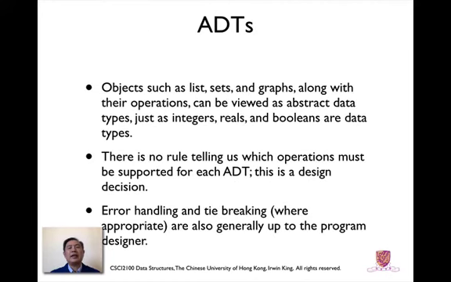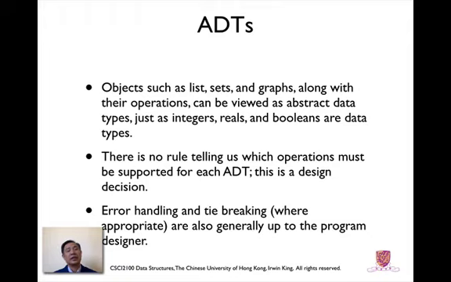So now we can see that based on the very simple building blocks from the data types, we may be able to describe a higher level of abstract data types. Objects such as list, set, graphs, along with their operations, can be viewed as abstract data types.